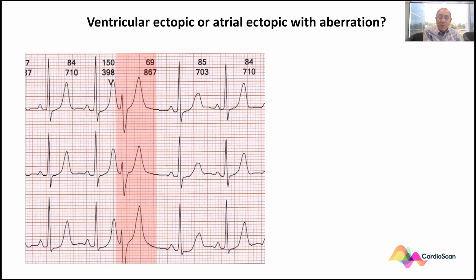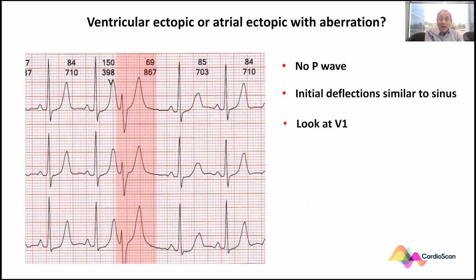Let us now go back and have a look at a ventricular ectopic or an atrial ectopic with aberration. We can see here that there is no P wave in this case because it's hidden in the previous T wave. The initial deflections are similar to the sinus beat.